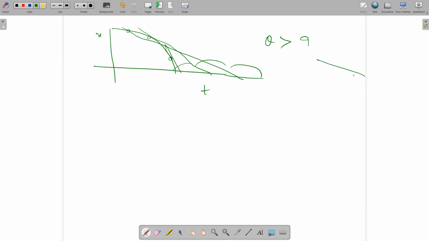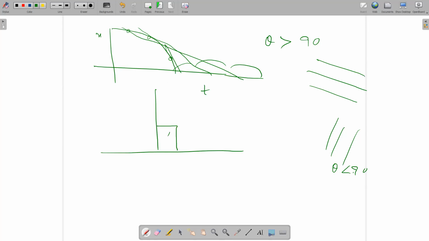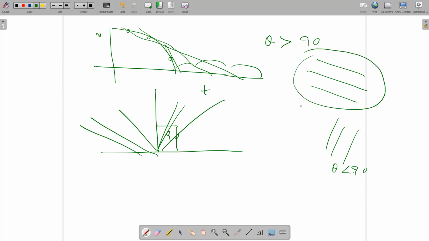I said that if the lines are like this, then it is greater than 90. If the lines are like this, it is less than 90, because your 90 degrees is here. If I draw the lines less than 90, then I make the line like this one. If the angle is greater than 90, I draw the line like this one. So understand this one. You should control these things.